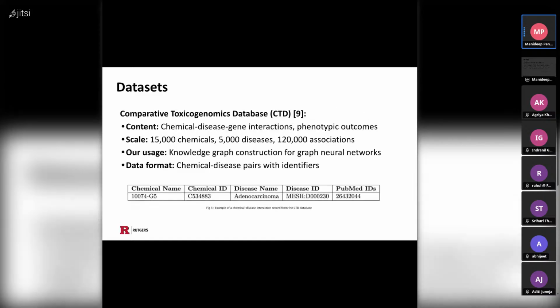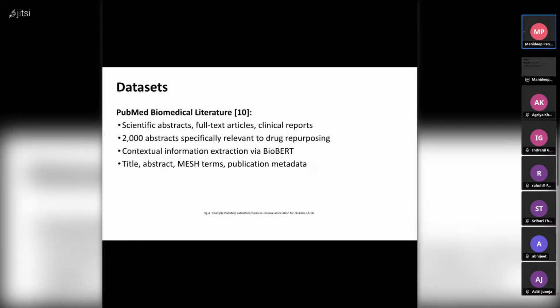So we use multiple data sets. The second one we use is the Comparative Toxicogenomics Database. This is also open source. It has a knowledge graph construction. The data set has disease IDs, and we use these disease IDs to merge our learnings from all these different data sets.